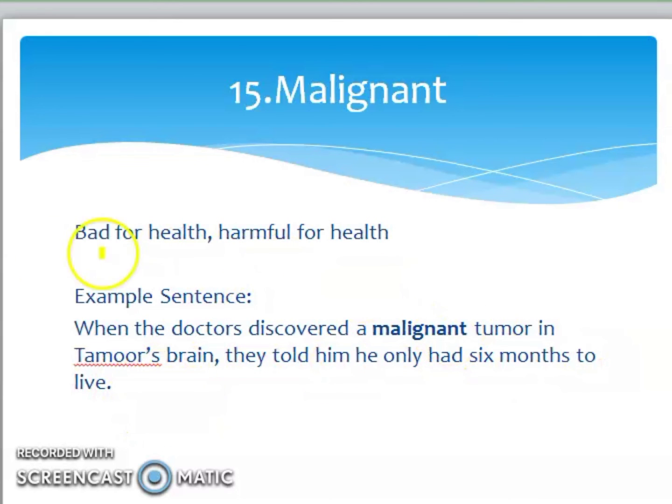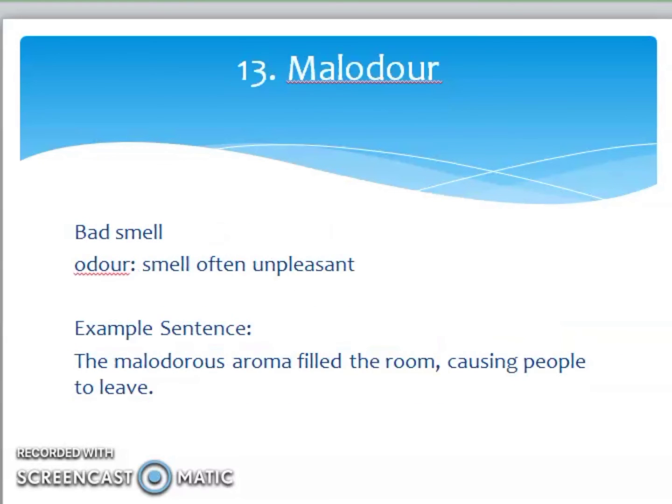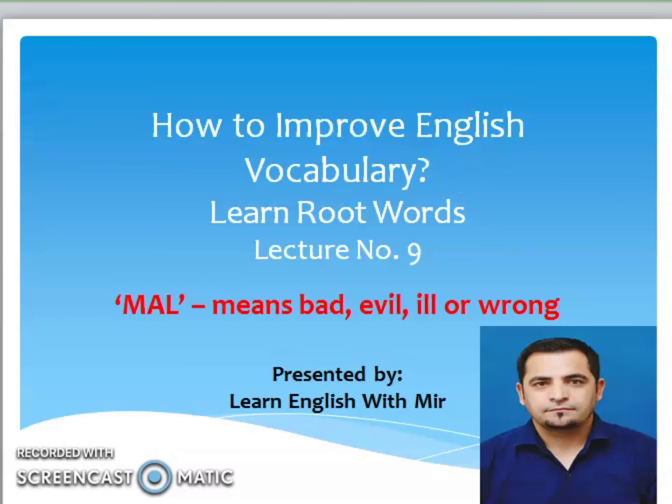So malignant is something that is bad for health or harmful for health. That's all we have learned, 15 words having the root word mal. So let's quickly recap. The root word mal means bad, evil, ill, or wrong.